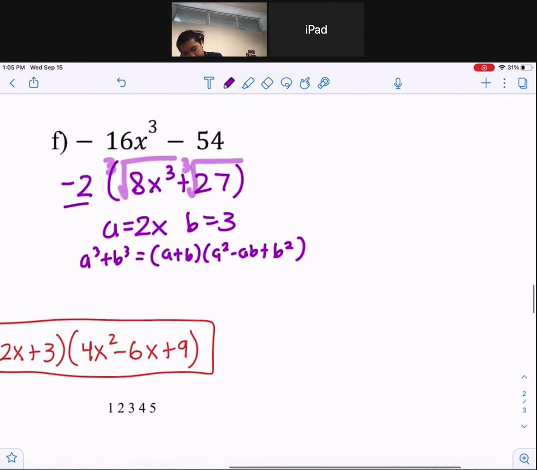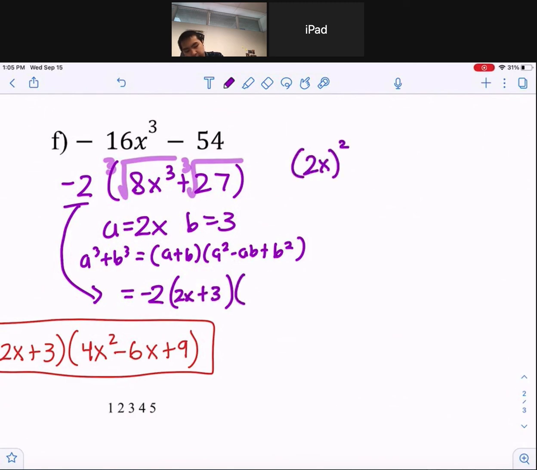Again, please don't forget you factored out the negative 2 in the beginning, right? A plus b is 2x plus 3. Our a squared is 2x to the second, which is 4x squared. A times b, 2x times 3, is 6x, so negative 6x because the minus sign is there. B squared is 3 squared, which is 9.